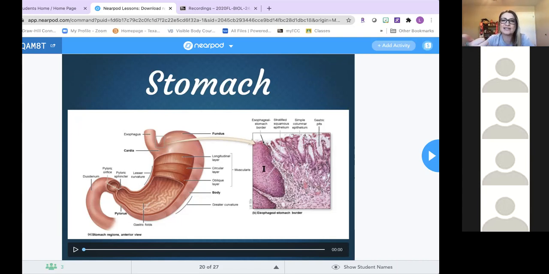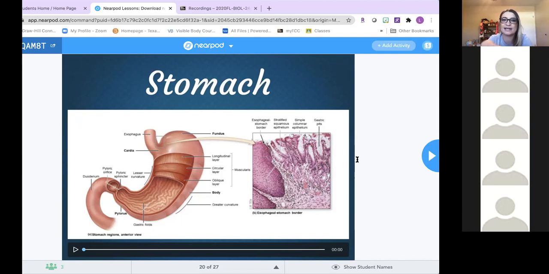Lastly, we need to talk about the muscularis of the stomach. And I told you in the beginning that the esophagus is a little different from the initial picture that we had. And then the stomach is also going to have some differences in the muscularis layer. So for the esophagus, it was the skeletal and smooth thing. For the stomach, there is actually a third layer of muscularis. So you can still see the outer longitudinal layer. You can see the circular layer underneath that, but the third inner oblique layer, smooth muscle, is present here as well.